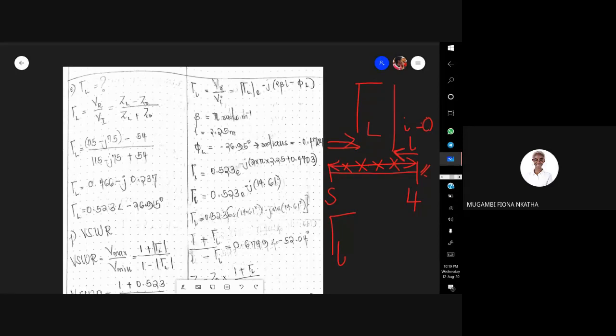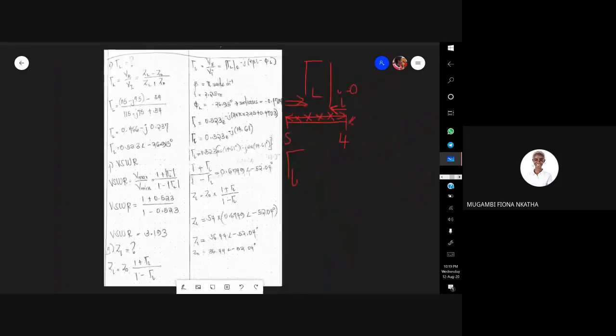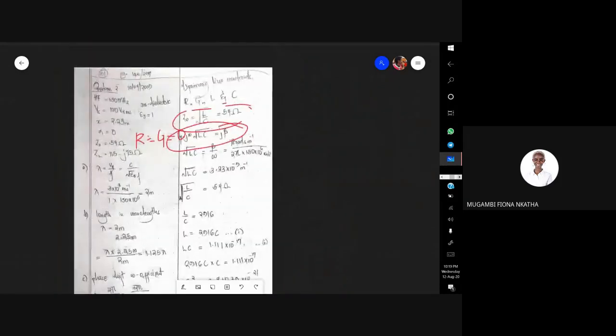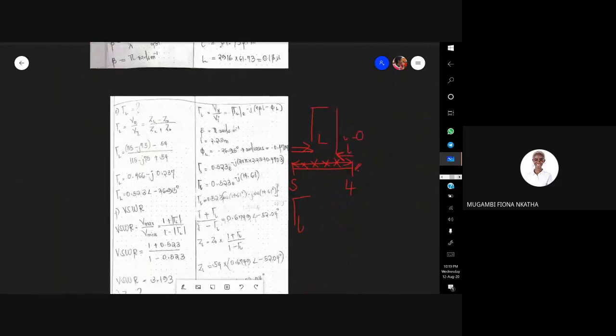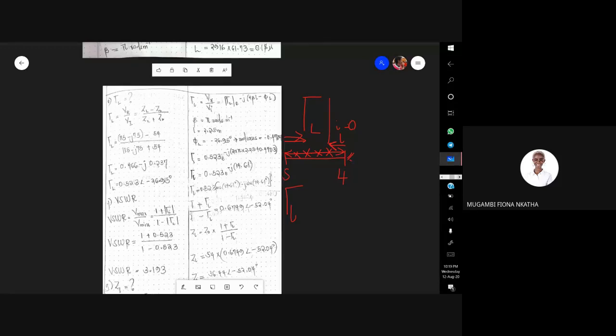So gamma L is equal to, we were given ZL. Remember, ZL is 115 minus j75 ohms. When you input that and your characteristic impedance, you get your gamma L as that.